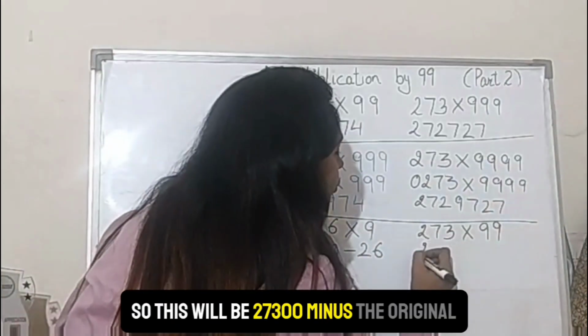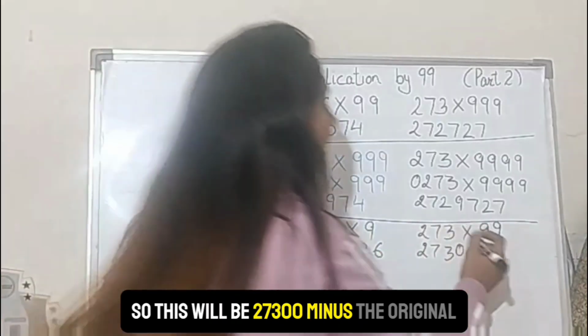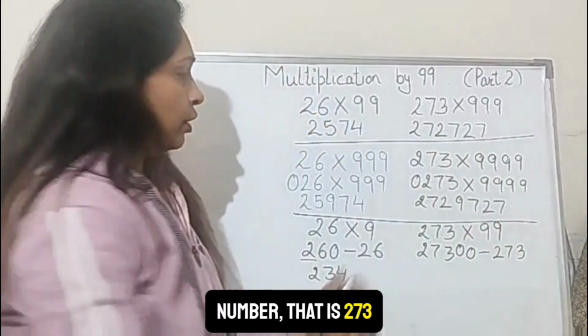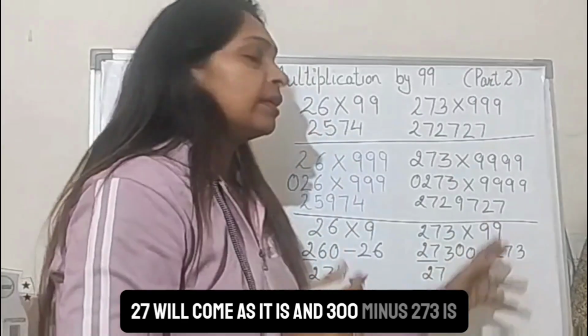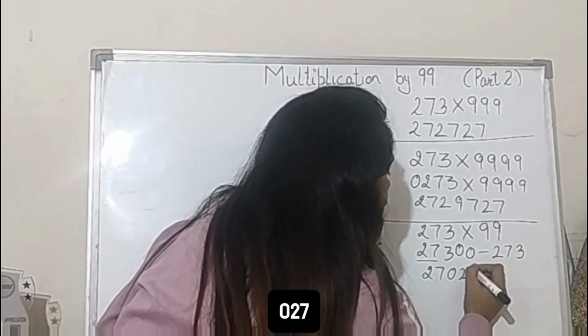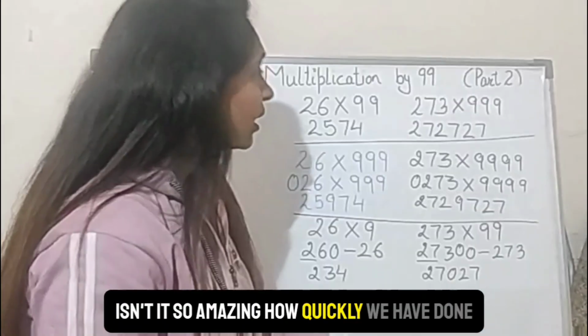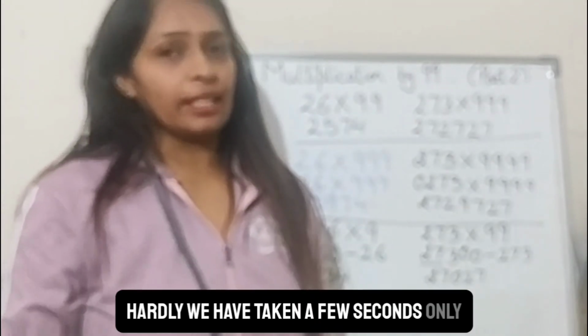So this will be 273 with 2 zeros at the back, minus the original number, that is 273. So here also 27 will come as it is, and 300 minus 273 is 027. And that's it. Isn't it so amazing how quickly we have done such a huge calculation? Hardly a few seconds, right?